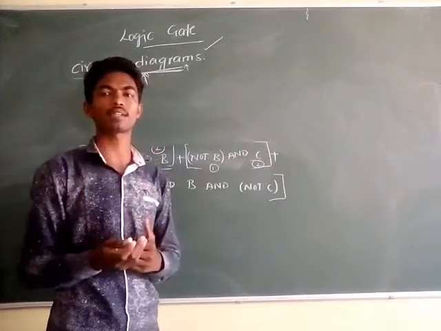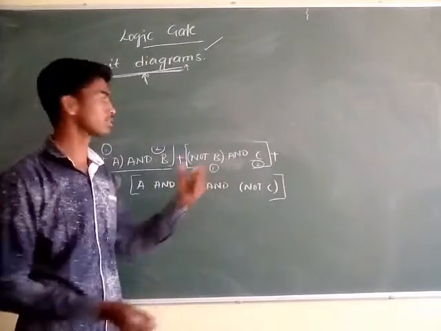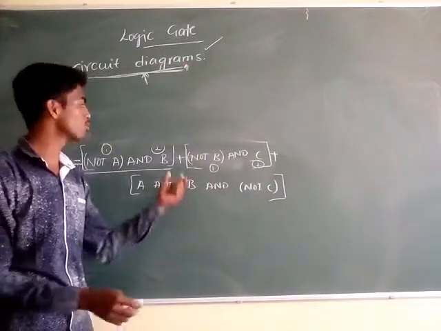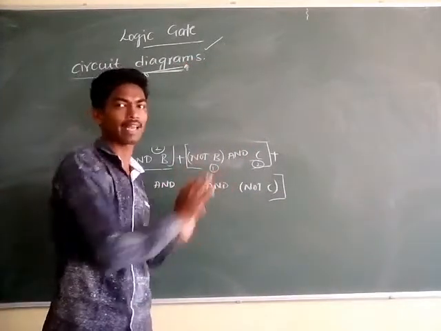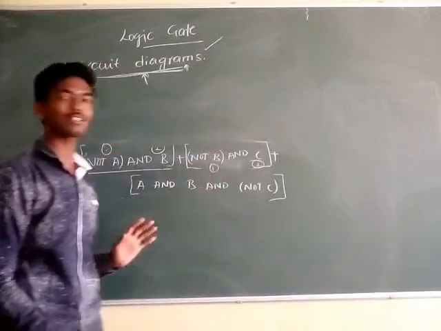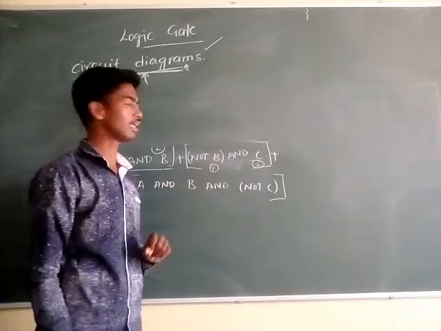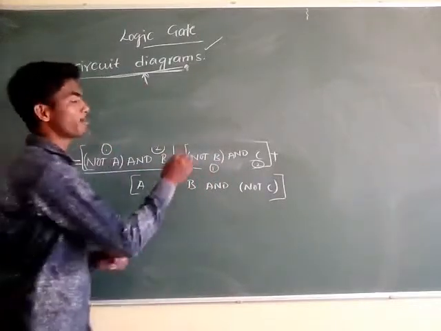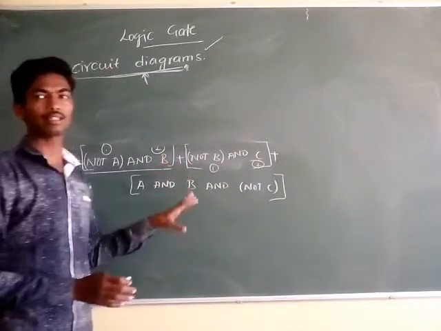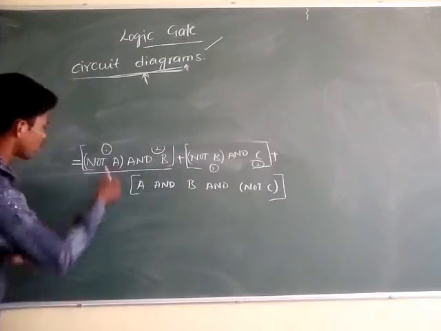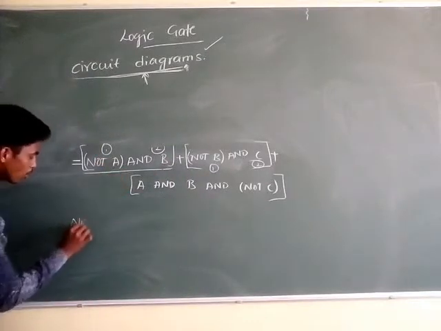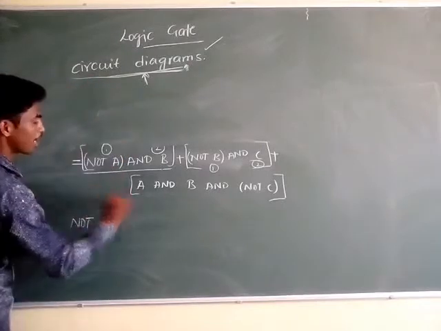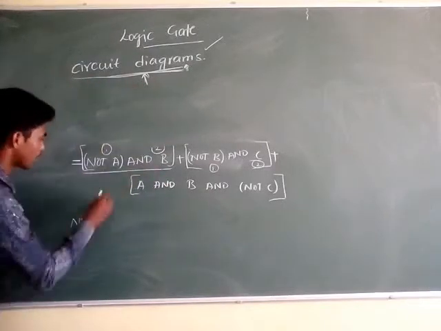Once you have understood it completely, there is no necessity of simplifying the given expression like this, so you can directly draw the circuit diagram. Up to the understanding level, you have to try this method only. Okay? I will copy this one below so that I can easily draw the circuit diagram for this one in this place. Okay?